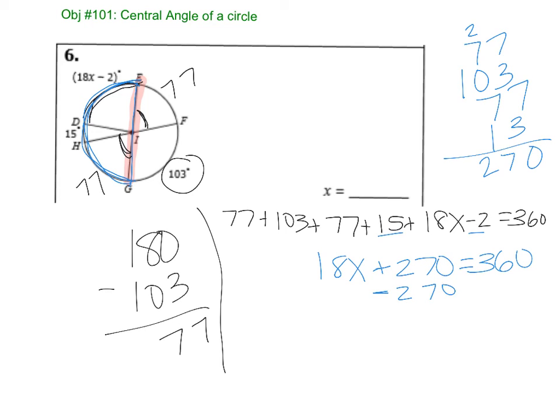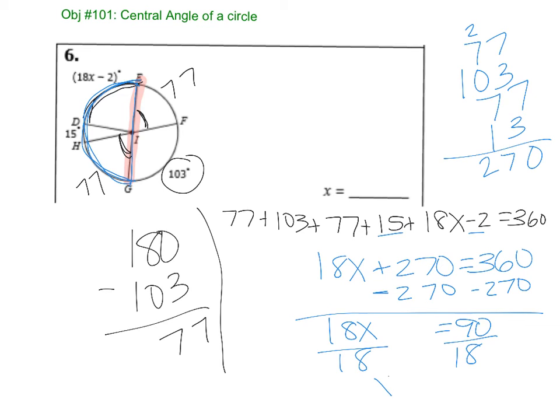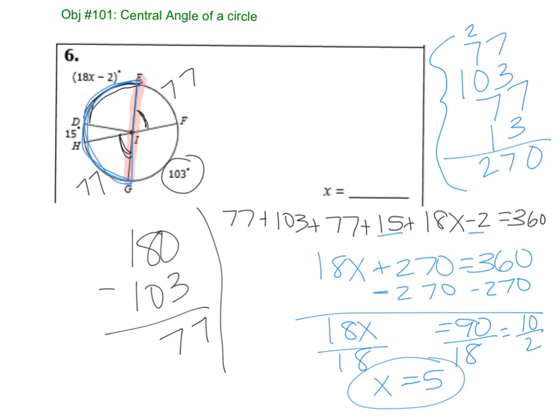Minus 270 on both sides. 18x equals 90. Divide by 18. Ooh, I don't know that. Is that nice? Let's see. If I divide by 9, I get 10 over 2. Oh, it's 5. I didn't know that off the top of my head. You can use a calculator. I'm doing this because I don't have a calculator around me at the moment.